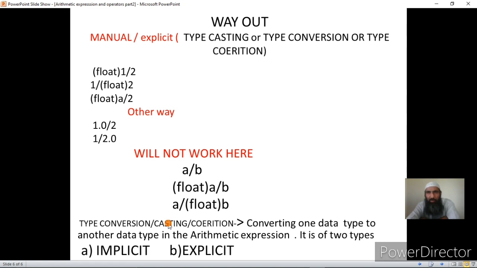Whenever it performs an operation, it will convert the operand in the lower type to the higher type and produce the result in the higher type. This is called compiler defined typecasting, or compiler defined type coercion or compiler defined type conversion. Type conversion, typecasting and type coercion are one and the same.